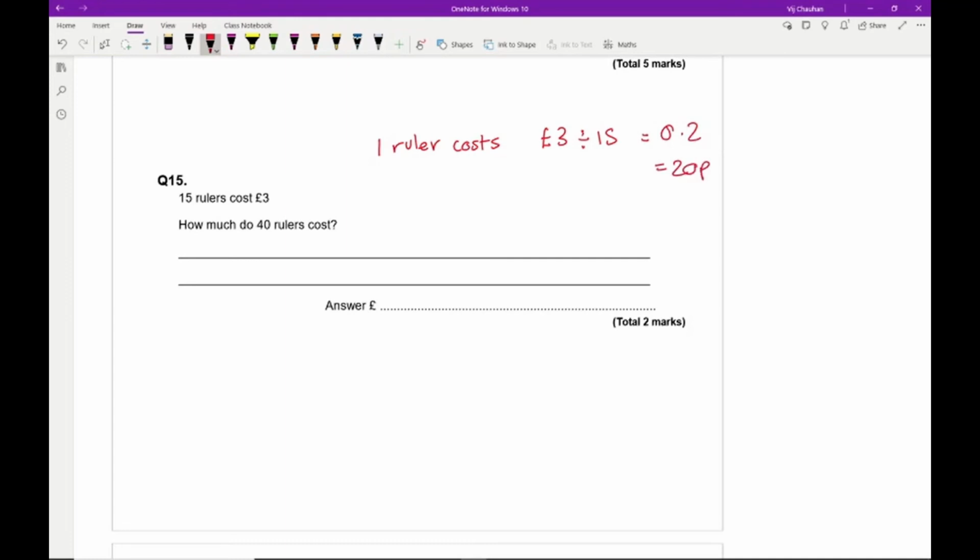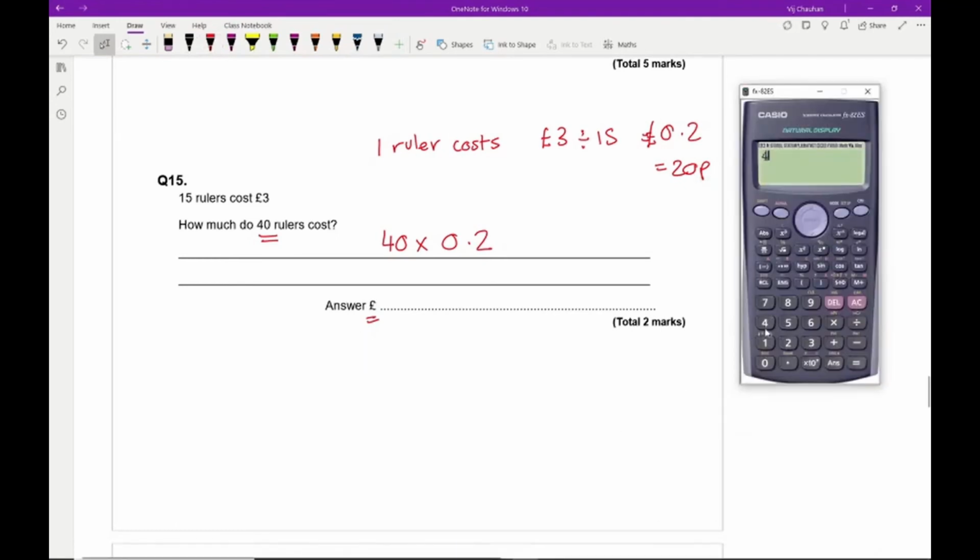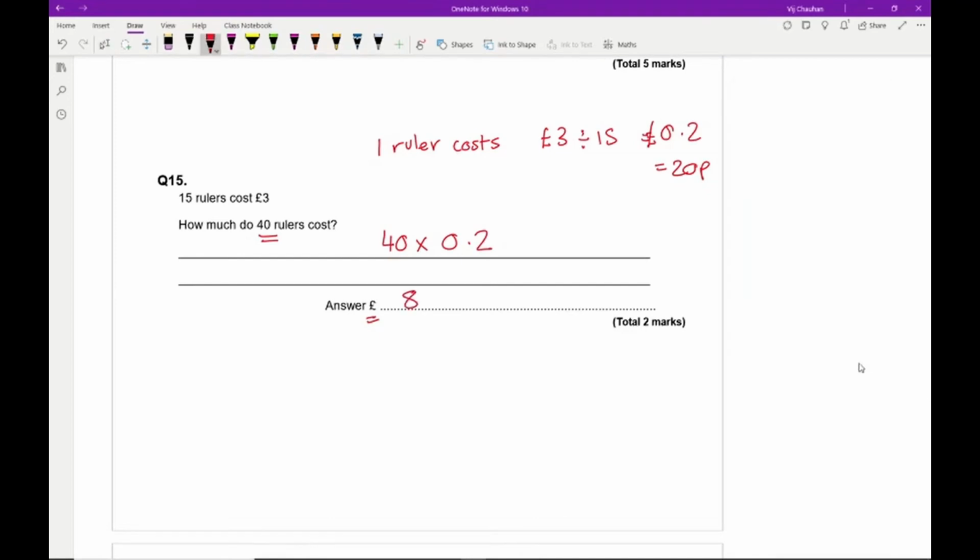So to work out the cost of 40 rulers, I need to do 40 times 0.2. Now the reason why I'm working in pounds is because it tells me that they want the answer in pounds. So 40 times 0.2 gives me 8, so it's going to cost me £8.